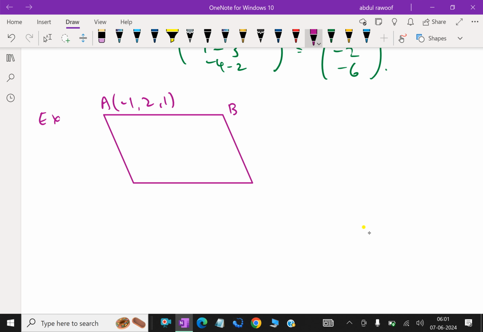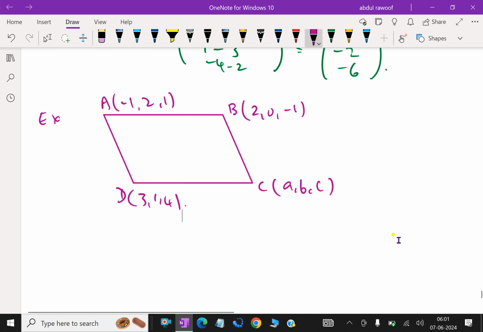B is 2, 0, minus 1. C is a, b, c, and D is equal to 3, 1, 4. Here in the parallelogram, 3 points are given, that is A, B and D. The fourth point, C, we have to find. In this, we have to find the coordinates of C. How to find the coordinates of C?